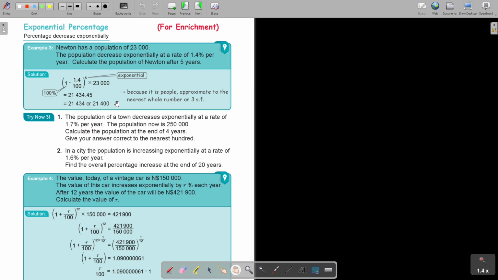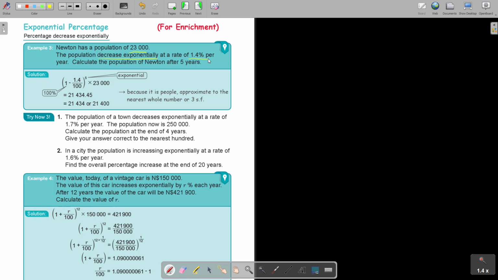Okay, let's start with example 3. Newton has a population of 23,000. The population decreased exponentially, that's how they will say it, at a rate of 1.4% per year. Calculate the population of Newton after 5 years.